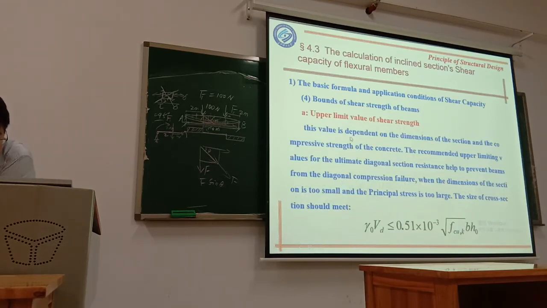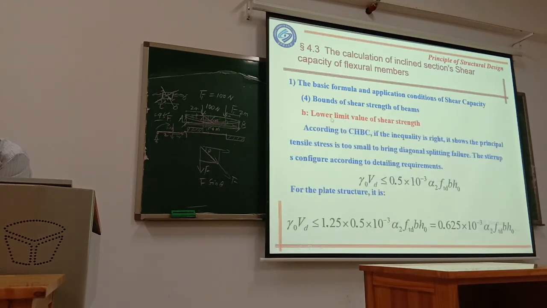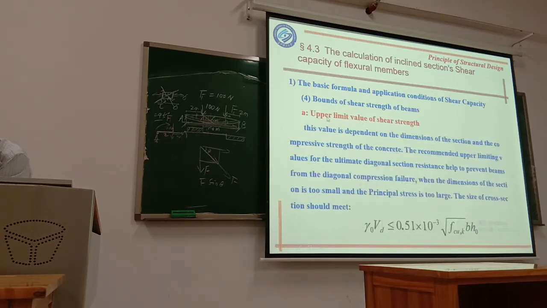In our book, we introduce the boundary of the shear strength of the beam: the upper limit and the lower limit. The upper limit value of the shear strength depends on the dimension of the section and the compressive strength of the concrete.